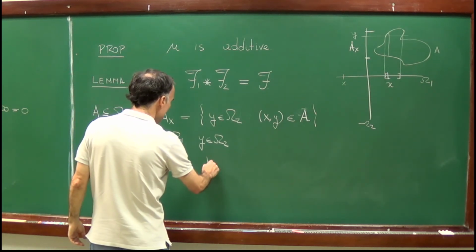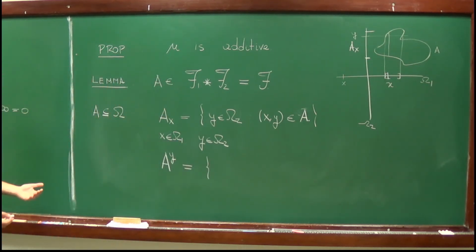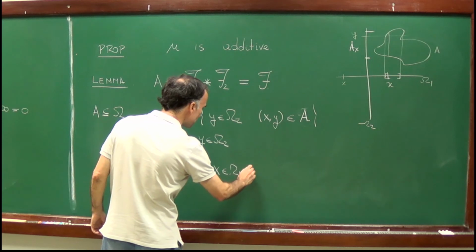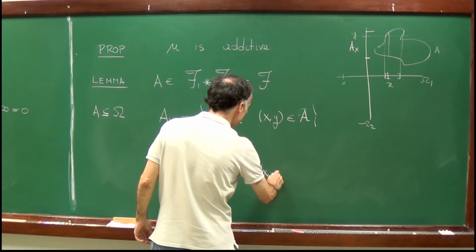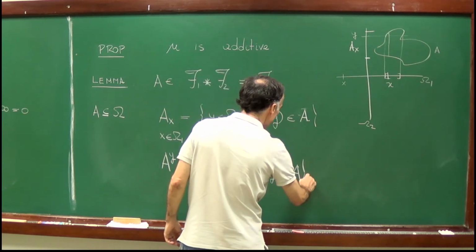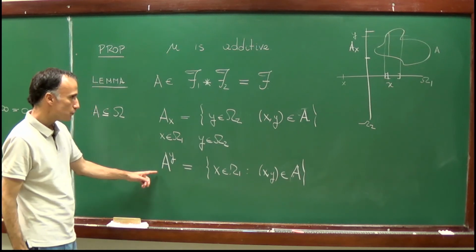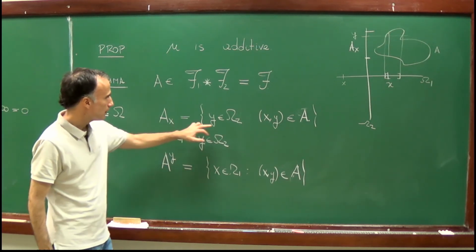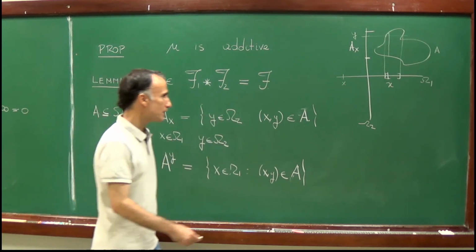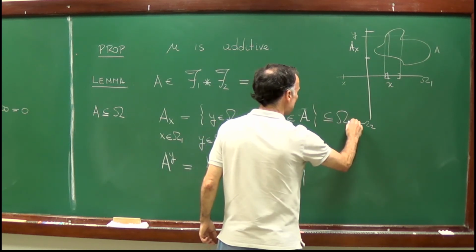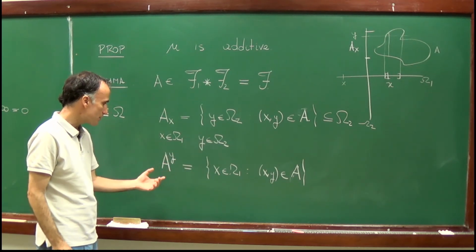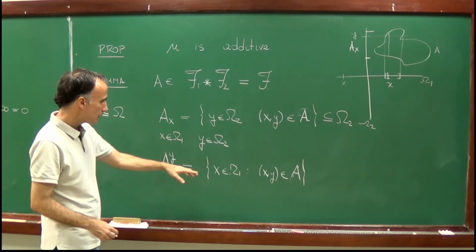Ay will be defined in a similar way: I'm taking all points x in omega 1 such that xy belongs to A. What I want to observe is that for x a point in omega 1, Ax is a subset of omega 2. Similarly, for y in omega 2, Ay, the section at y of A, is a subset of omega 1.